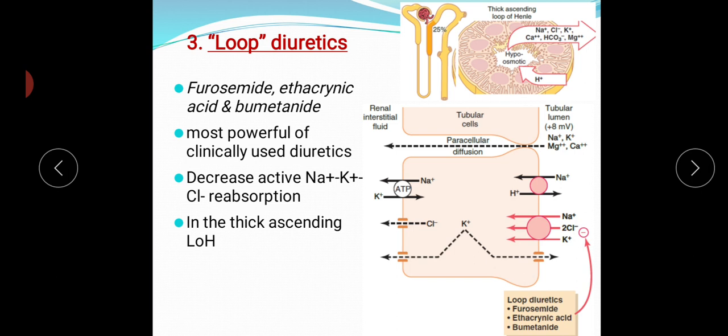But because of the loop diuretic action, the solute will not be reabsorbed, so this portion will provide more solute with the water to the distal tubules, and that will secondarily prevent the water reabsorption. So these are the loop diuretics that act at the thick ascending limb of the loop of Henle.